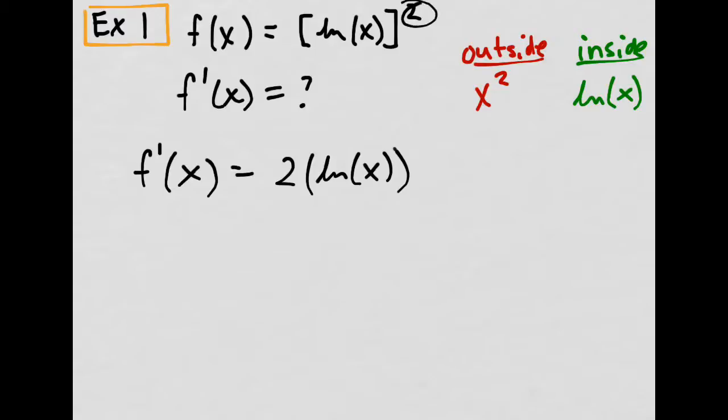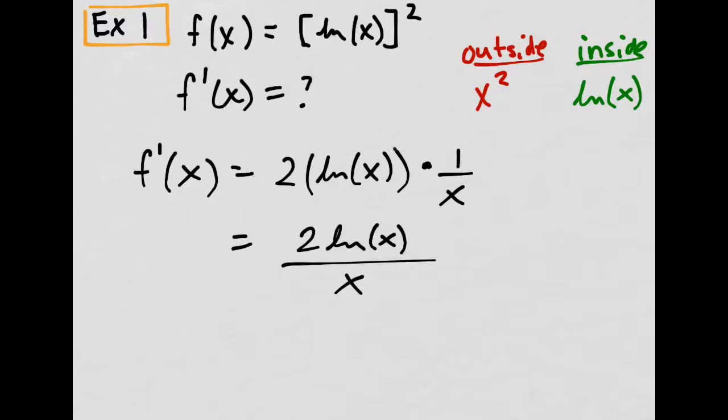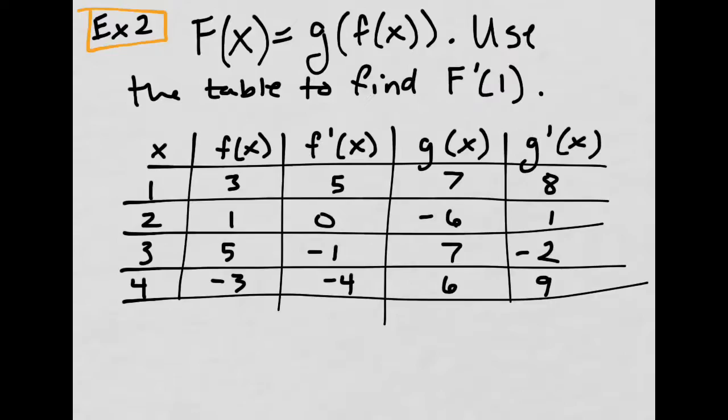And then I go 2 minus 1. Alright, well, that's just 1. Times the derivative of the inside. What's the derivative of the natural log of x? That's just 1 over x. So to simplify, I have 2 ln of x over x. So that's f prime. That's easy, right? That's easy. Let's move on.